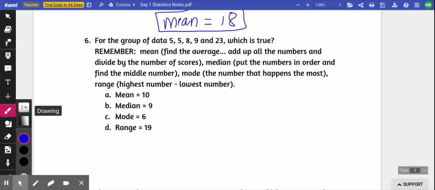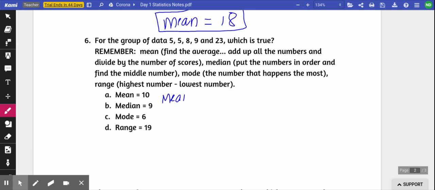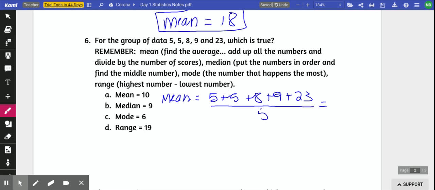Remember, to find the mean, we have to add up all of our scores and divide by how many scores we have. So I'm going to take 5 plus 8 plus 9 and plus 23. And then since I'm adding together 4 numbers, I will be dividing by 4. When I add those numbers up, I should get 45, and then 45 divided by 4.